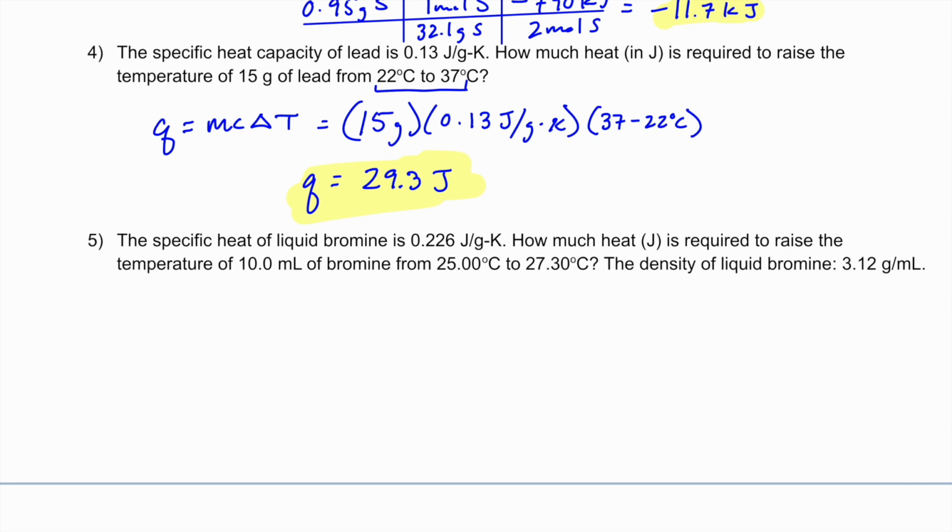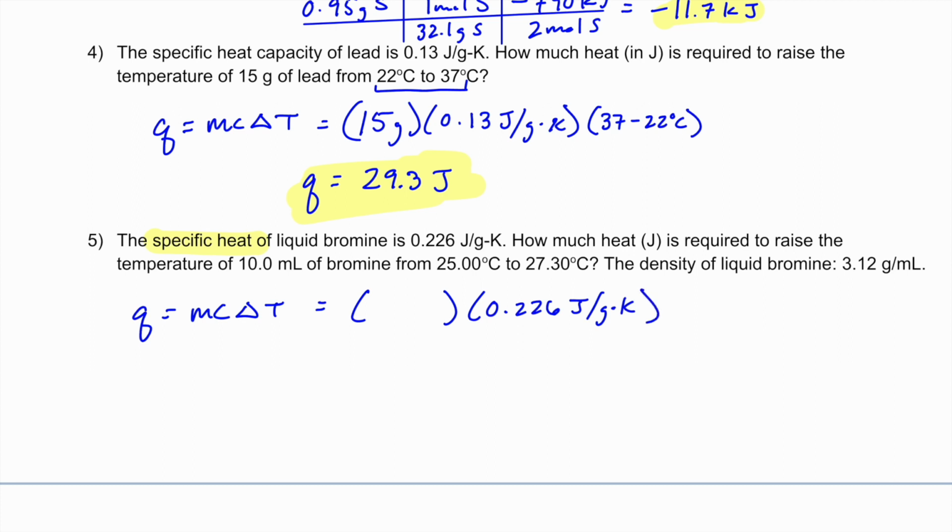The density of the liquid bromine is 3.12 grams per milliliter. What? Okay, so first, the minute it says specific heat, I gotta be thinking MCAT. So let's start there. You're gonna help start filling in some things for me. So what do I have for sure? All right, I'm gonna get to this one right here. So this is M. I don't know what that is yet, but I do know that C is this right here.